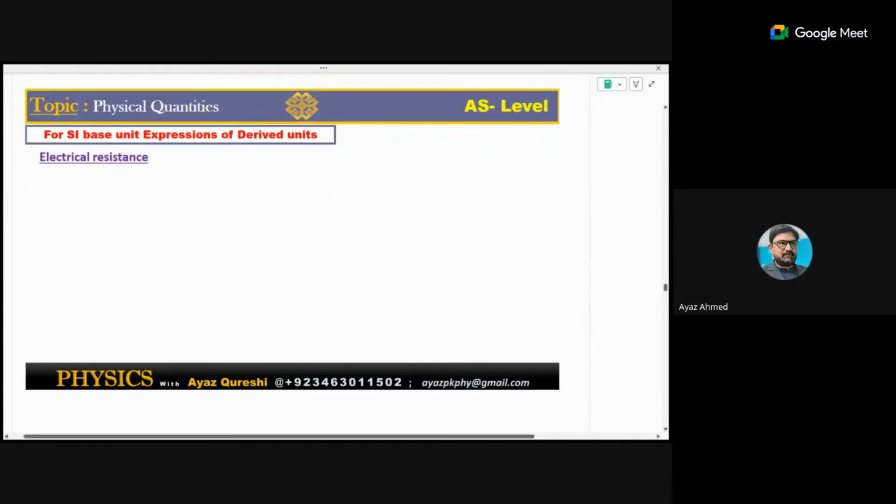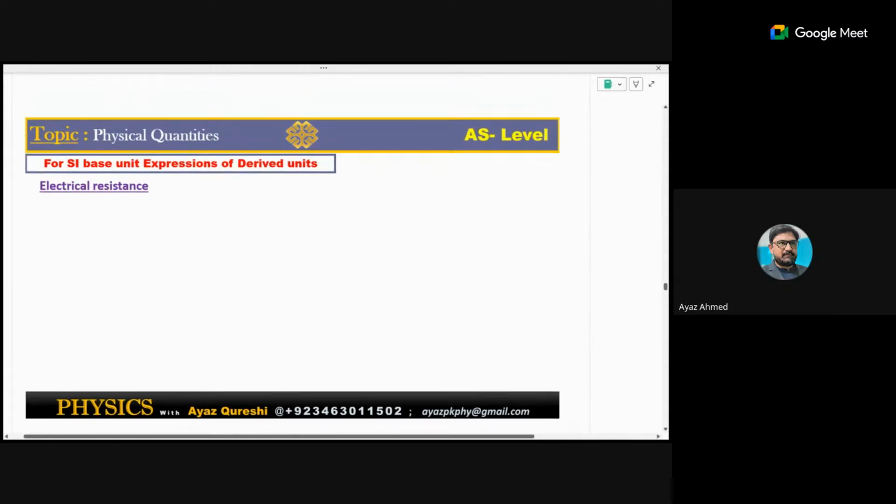Now, electrical resistance. For electrical resistance, you have the defining formula that R is equal to V by I. So V is work done divided by charge, and this I will be written simply as ampere, no issue at all. It would be just written as it is.